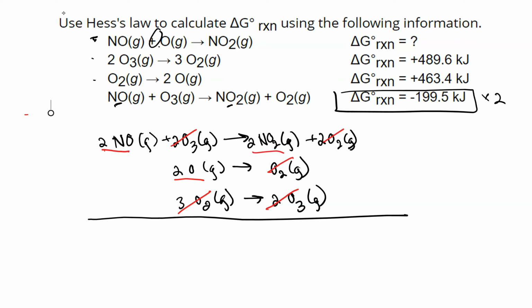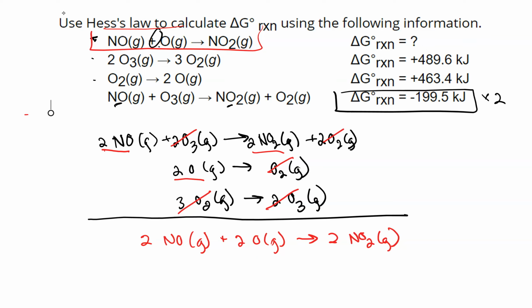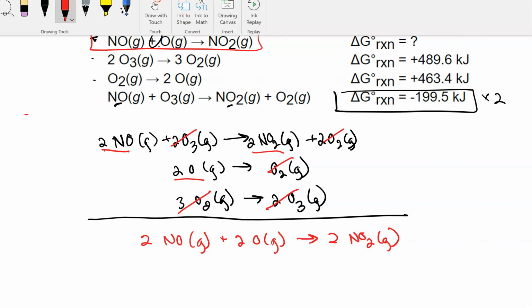So if I was to rewrite this, this is what we'd have. And this is now our desired equation up top, just times 2. So if we sum everything as drawn in terms of our delta G half reactions and then divide by 2, we'll end up where we want to be. So let's go ahead and do that.